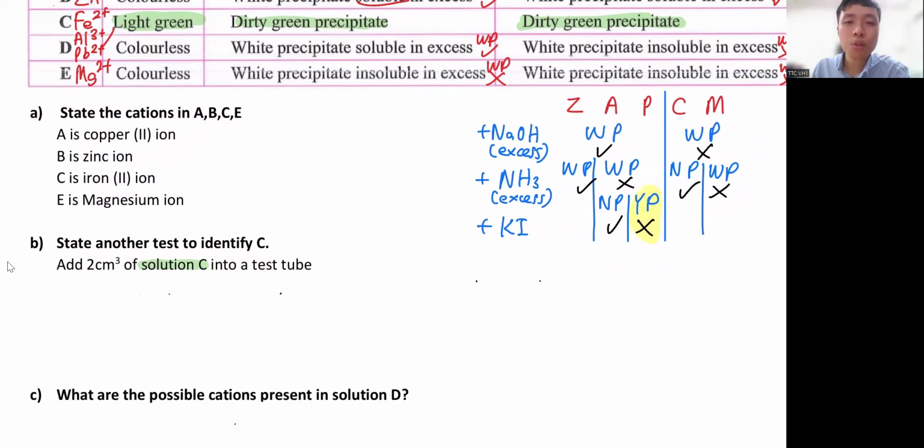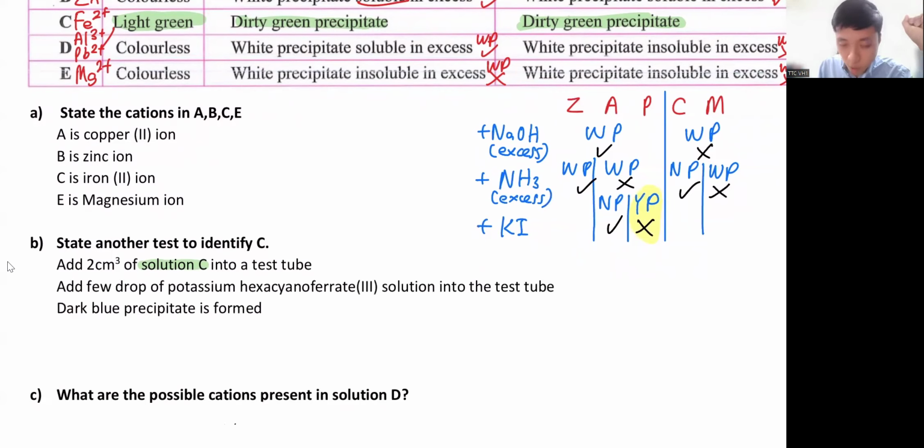So put the thing you want to test first. Then remember the potassium hexacyanoferrate(III) solution. A few drops will be added inside. Then you get a dark blue precipitate formed. I'll read out first.